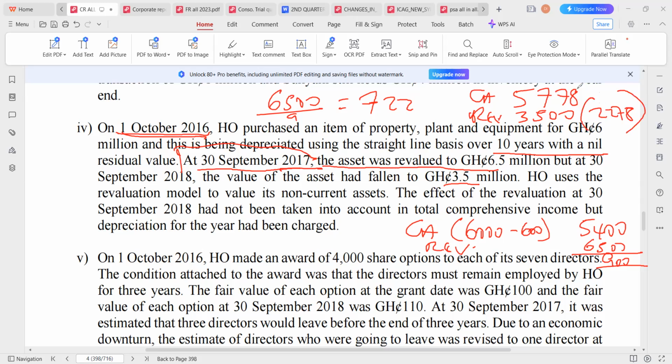It can be an impairment loss. I'm expecting the examiner to make it an impairment loss, maybe next time. Whether impairment loss or revaluation loss, they have the same effects in this context.